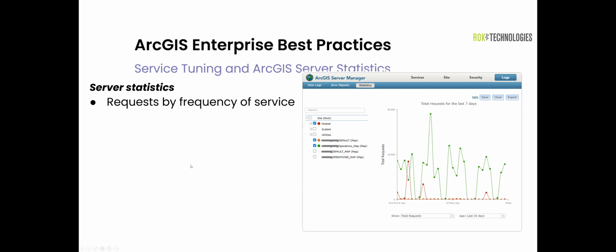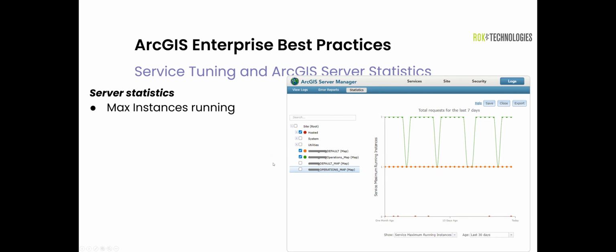It's really important. Another statistic is the max instances running. We set that minimum and maximum, and this is where you can see how often a given service is running at max instances. In this example, that operations map has a max instance of 2, and it has been running at 2.